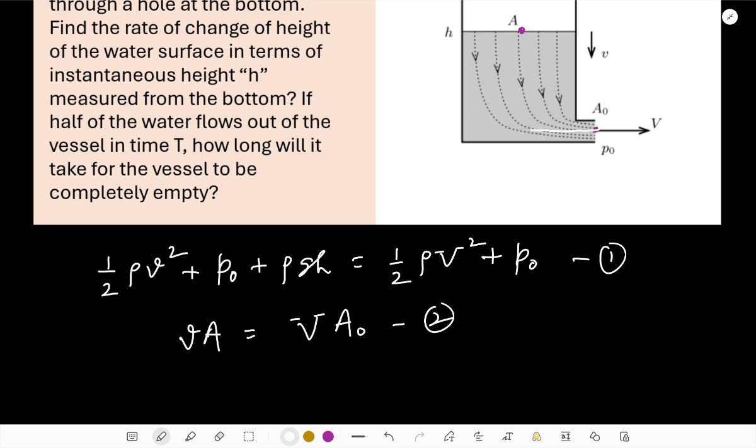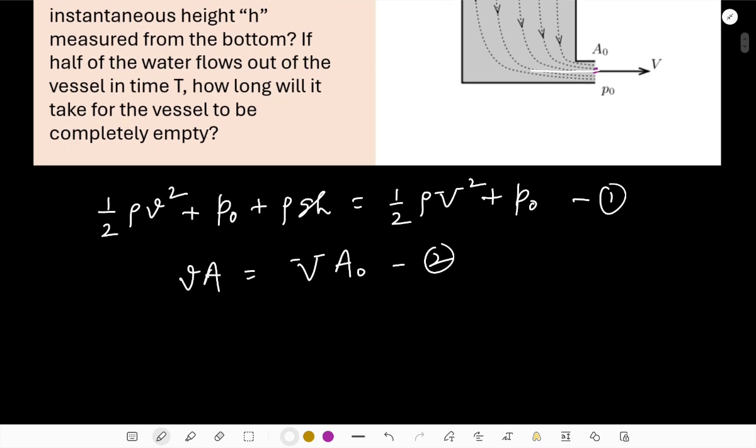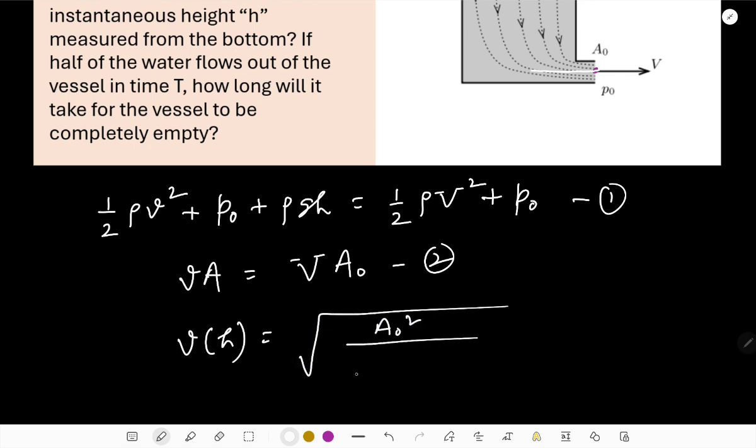And you can get here the velocity at this height h as under root A naught square divided by A square minus A naught square, 2gh.